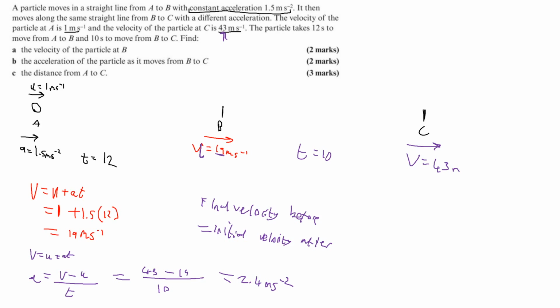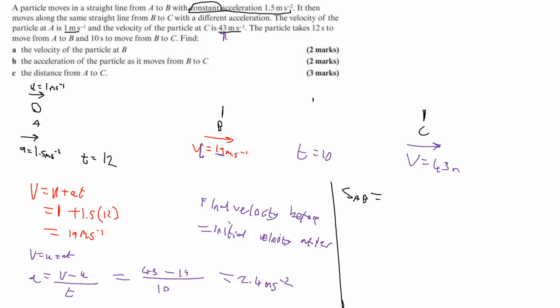Now, how do we find the distance A to C? What we need to do is, because remember, the SUVAT equations only work if there's constant acceleration, okay? So what we need to do is find the distance here and the distance here. So I'll call this one SAB, right? And what do we know? We know the initial velocity, the acceleration, and the time.